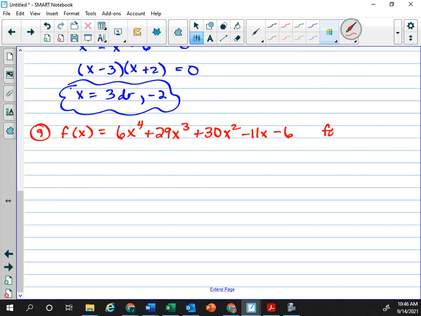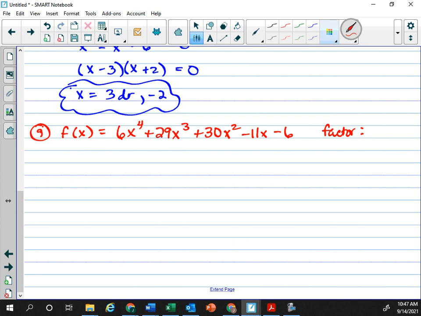Why do you think I'm giving you 2 factors? What's different about this one? Square root of 4, so you need to divide it twice. Close. Yeah, the degree is 4. Yeah, exactly. So I would expect 4 zeros.